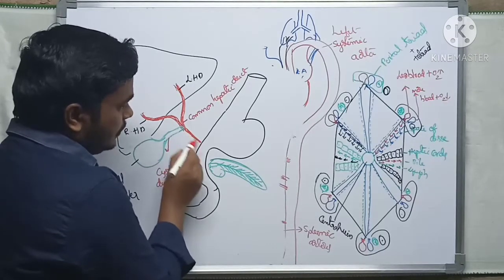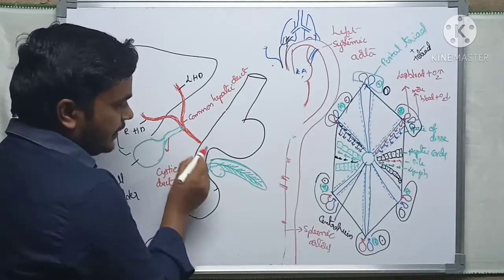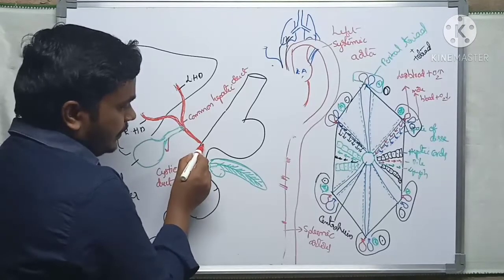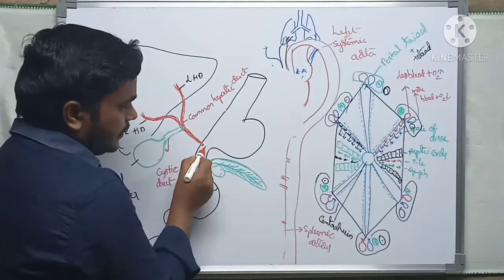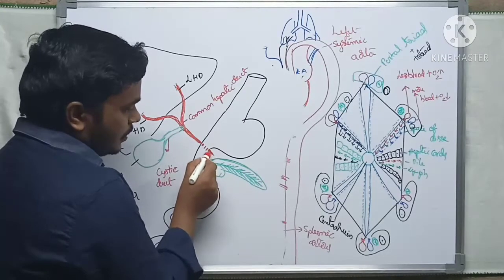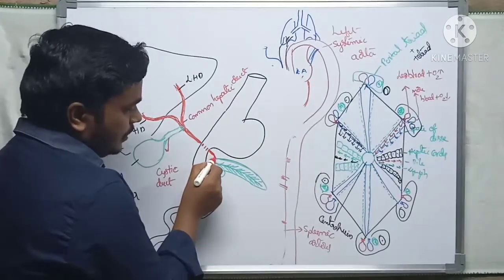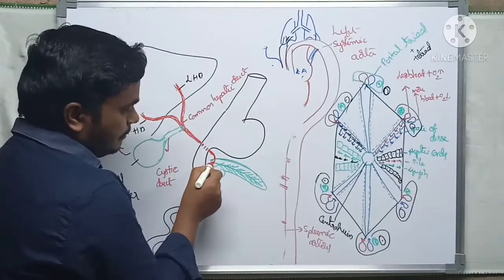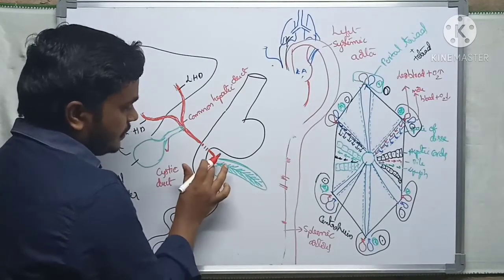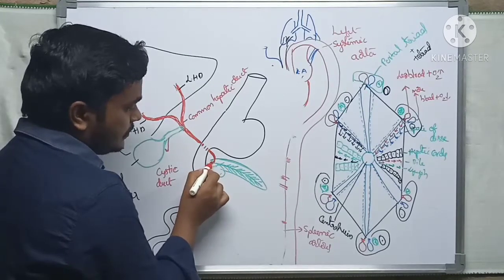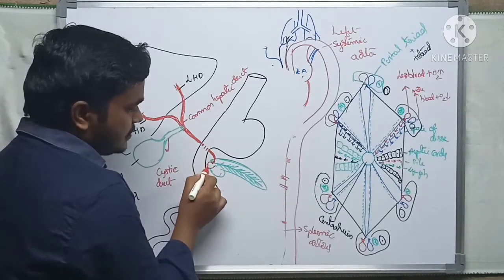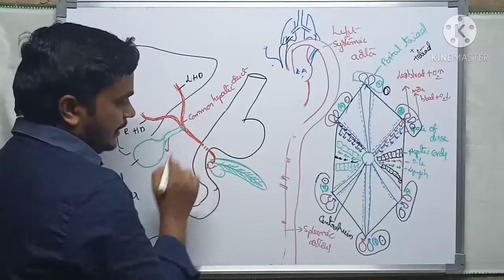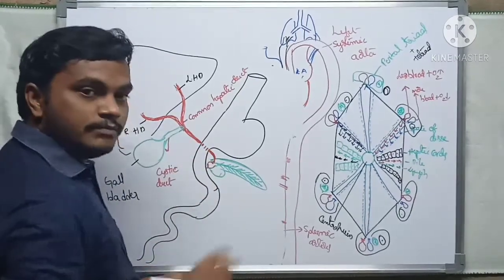This common hepatic duct transports bile and joins in our GIT from behind our duodenal region. It joins in the duodenal cavity and is also mixed with the pancreatic duct. This is the region where the pancreatic duct and hepatic duct mix.